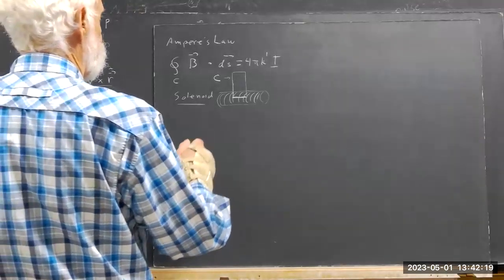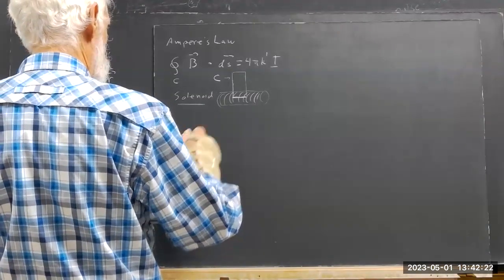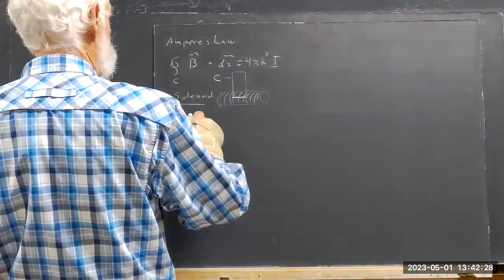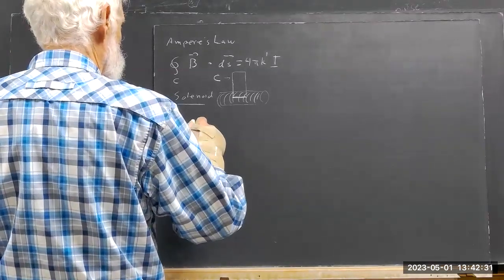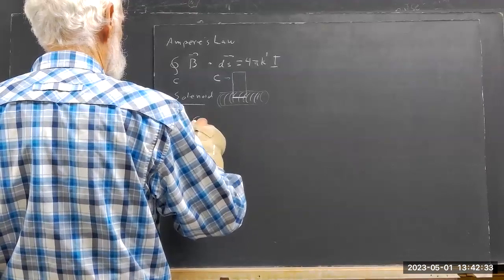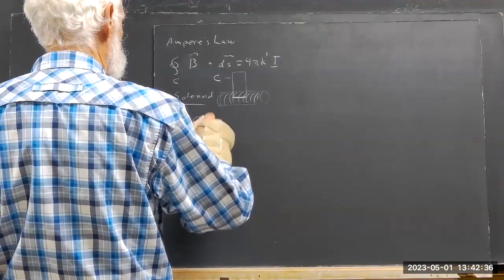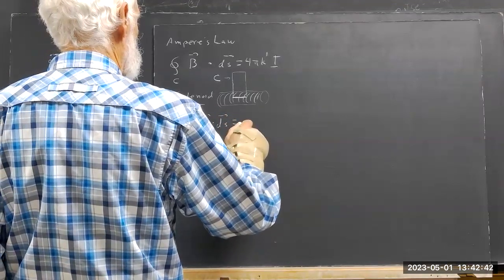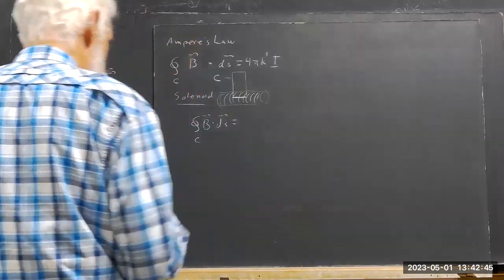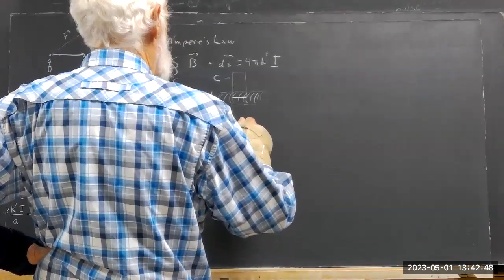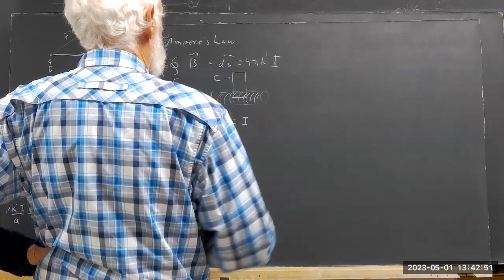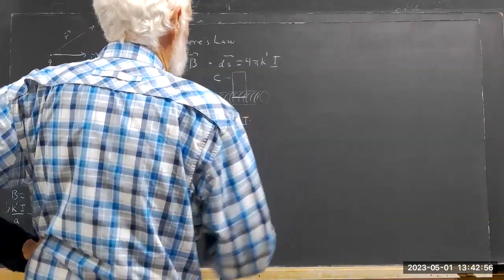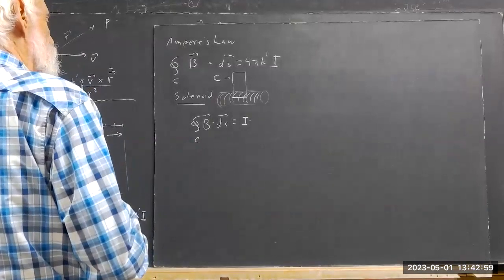If we did this in detail, you can always review it. The integral is equal to the current times the number of loops that you can close here. The notation in your book is always a little bit confusing.